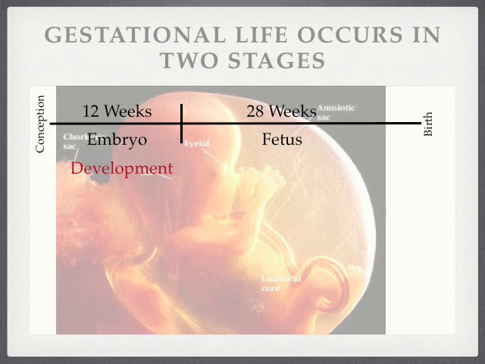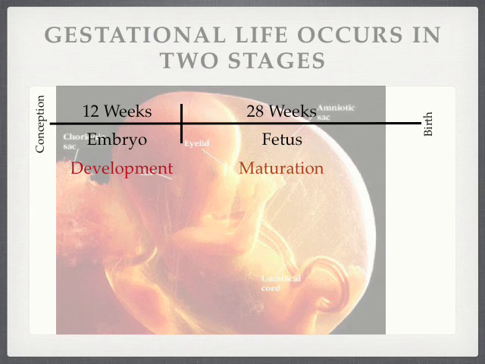Heart's beating, everything is there. At about 12 weeks, that finishes up, and there still is a time that's required for what we might call maturation, where, yes, there is a stomach here, but it hasn't developed all the layers to the point that it could be a stomach yet.